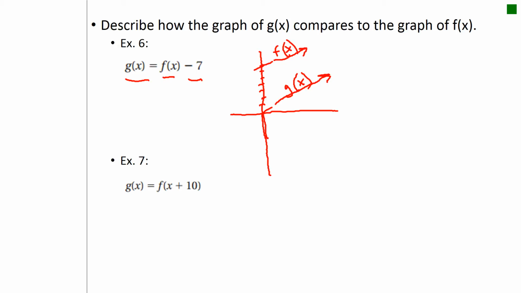F of x minus 7, and here's those 7 counts, is g of x. What's kind of strange about that is it doesn't matter even the shape of it. If I did a sine function or one of these, this might be g of x. And so f of x might be traveling above it like that.